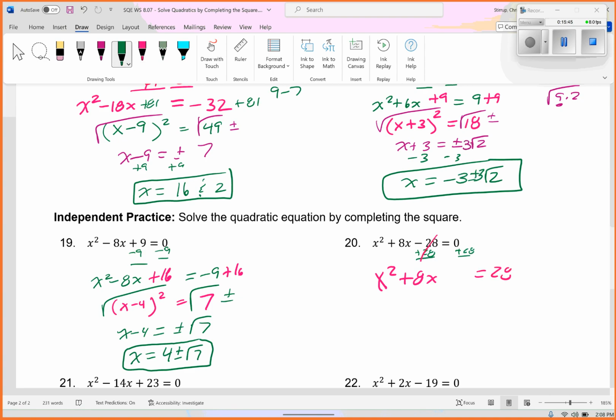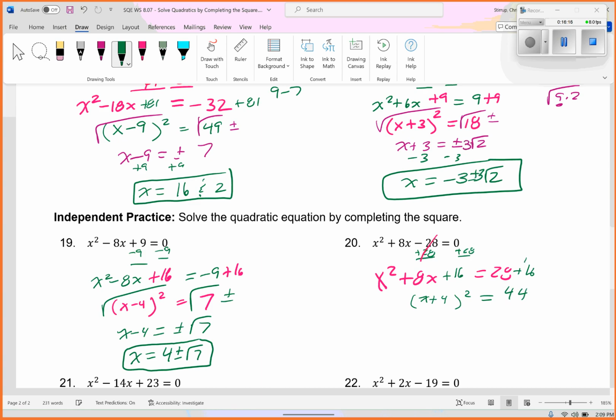What goes in my parentheses below? X plus 4. 4 squared is what? 4 times 4 is 16. Add 16 to both sides. Okay? Combine 28 and 16 together. So I'm going to get 44. 6 plus 8 is what? 14.